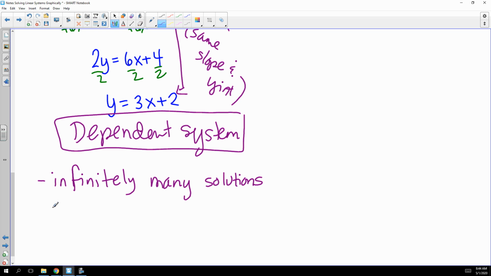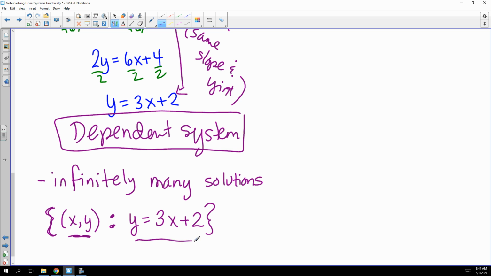But also in set builder notation, we would say the set of all ordered pairs (x, y) such that, so we use a colon to represent such that, they satisfy the equation of the line, such that y equals 3x plus 2. And what that really means is we're talking about every ordered pair that lies on the line given by y equals 3x plus 2.